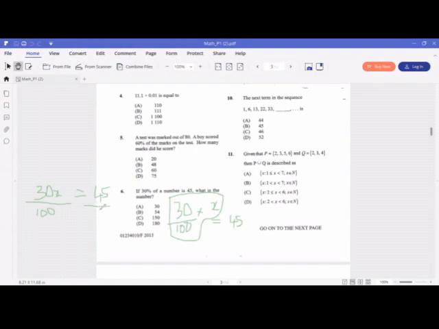I can put 45 over 1 and I cross multiply. So I should get 30x on one side, 45 times 100 should give me 4,500. Now I need to divide by 30 on both sides.